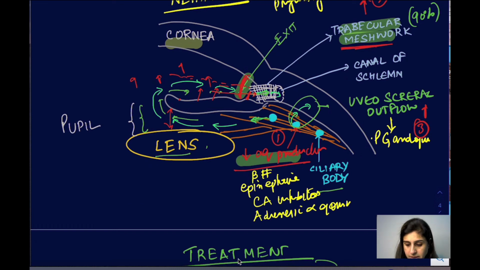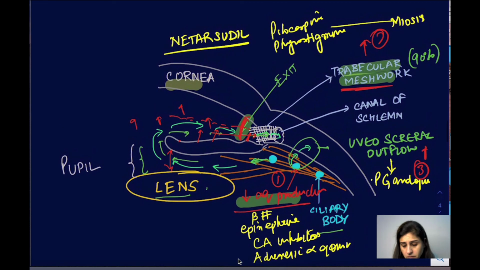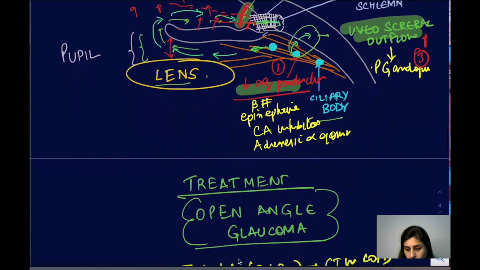Or you can improve the outflow by causing miosis, where you give miotics. Other way, if the fluid is not going through the trabecular route, you try to increase the uveoscleral outflow by some of the methods. These are the drugs which act on these particular areas.